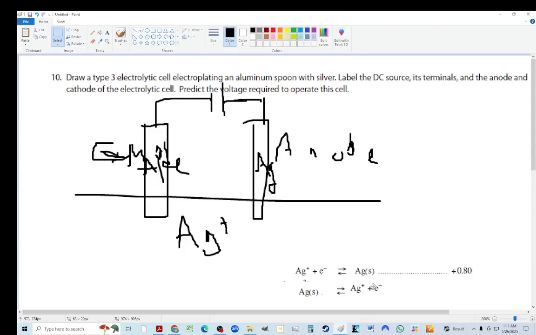It makes the most sense this way because you have two reactions, and the second reaction's at negative 0.8. The whole goal is to plate the aluminum fork with silver, so you might as well have an electrode that's providing more silver.